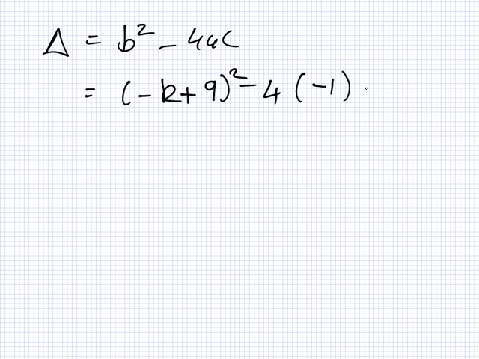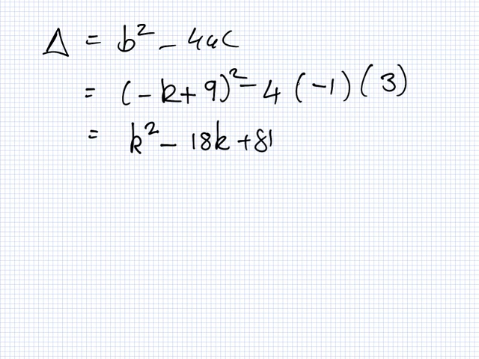And the c? 3. So this is k squared minus twice the first by the second, that's 18k, plus the second squared, and then minus minus is a plus, 4 by 1 by 3 is 12.